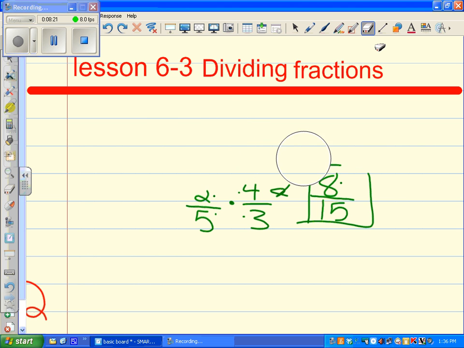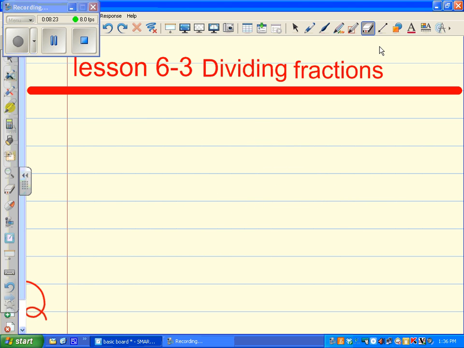Okay, let's try one more here. And this is one that's going to goof up some of you. At least it goofed up some of you when it came down to the multiplication problems. I have 4/7 divided by 2. So, think of it this way.